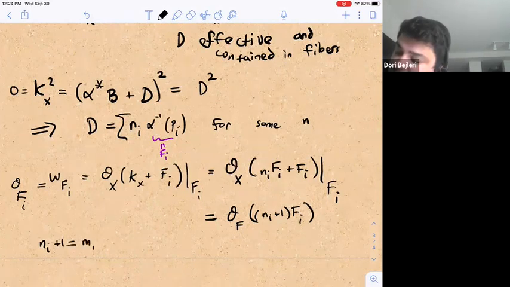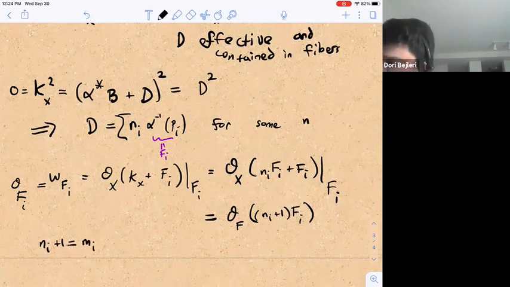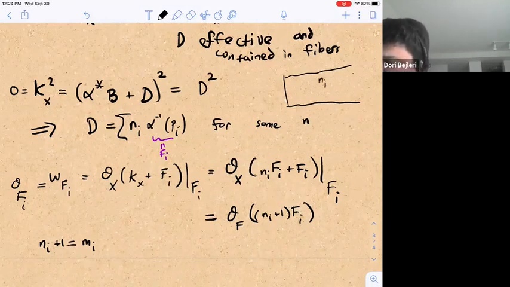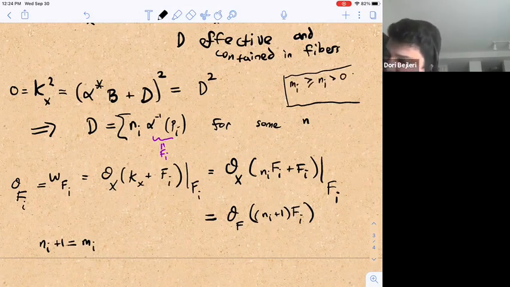Okay, so there's one thing maybe I skipped here, which is that whatever these N_i are, they're greater than 0, because if it's 0, then there's no contribution from D. So we're only looking at the ones where there is a contribution. But they actually have to be smaller than the multiplicity. So that's maybe, we'll leave this as an exercise.